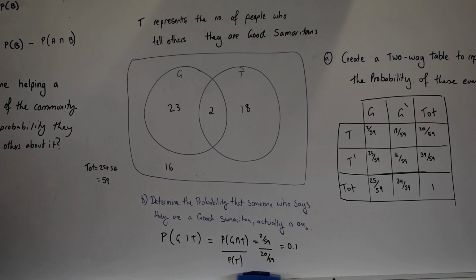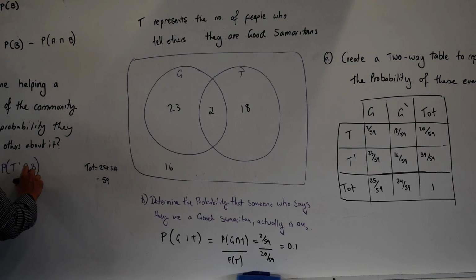Equation first of all, the probability of not T, given that we know that they are G. Again, we go back to that formula. We're going to get sick of doing it, but eventually it'll sink in.